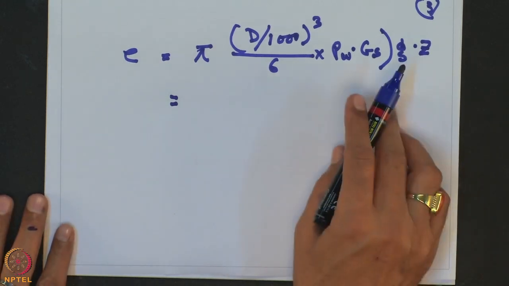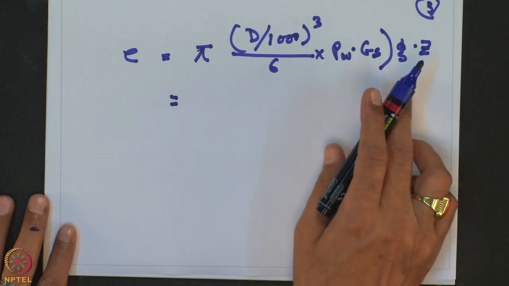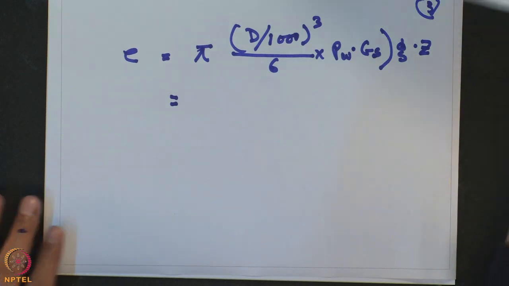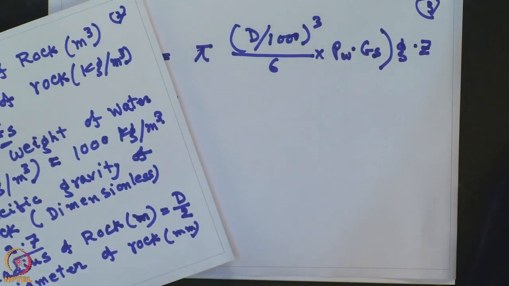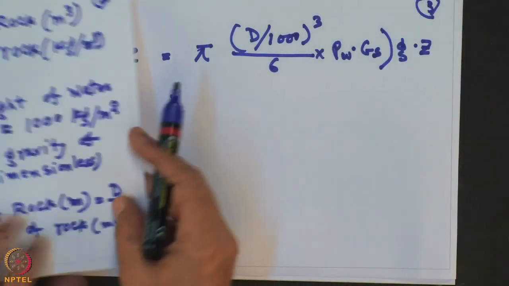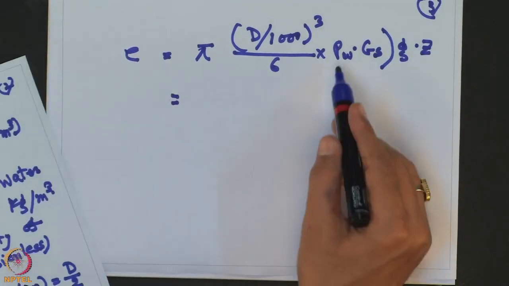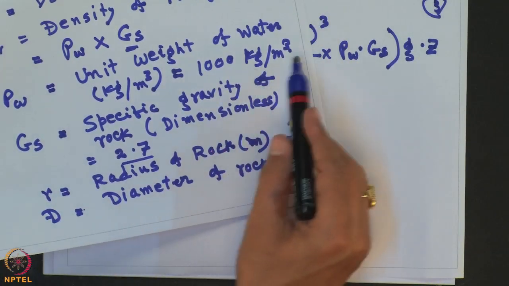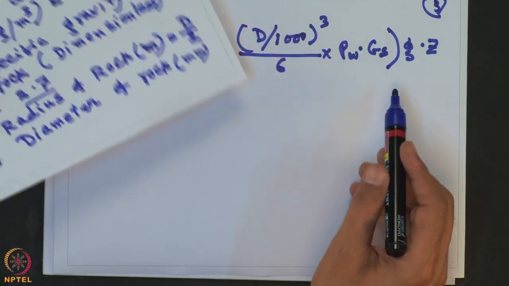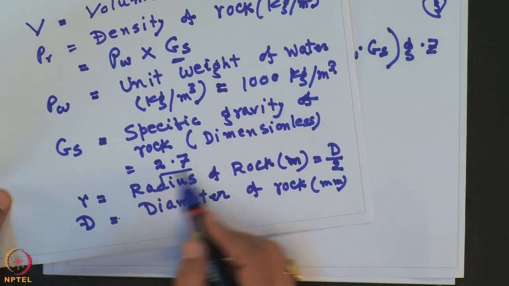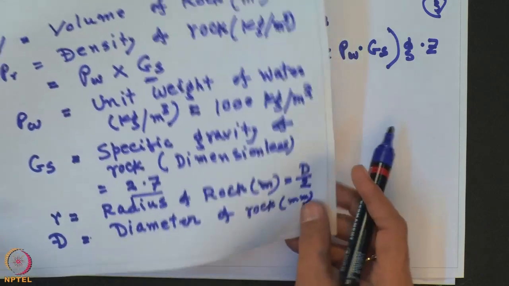And knowing this, the value of g is known to you, that is given here as 9.81. Then the rho w value is known to you, that is given as 1000 kg per meter cube, and Gs is also given, that is the specific gravity of the rock, which is 2.7.